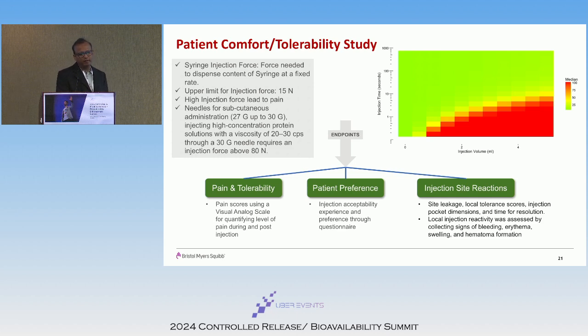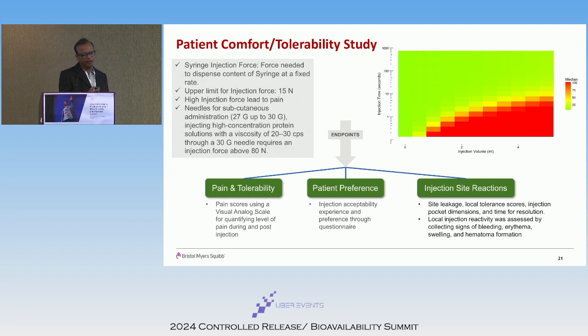In the graph here, there's a heat map between injection volume and injection time. The injection time is also very important. We can increase the volume, but it has to be infused at a slow infusion rate. The green is less painful, and the red area is more painful to the patient.